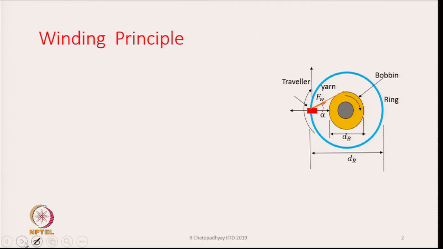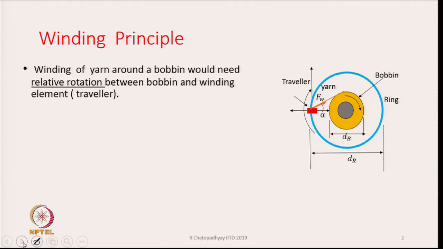So, what we are showing here in the diagram is that the ring is shown by this blue circle, and then the bobbin is also shown, which is yellow in color, and the spindle exists at the center. The traveler is shown in red in this particular diagram.